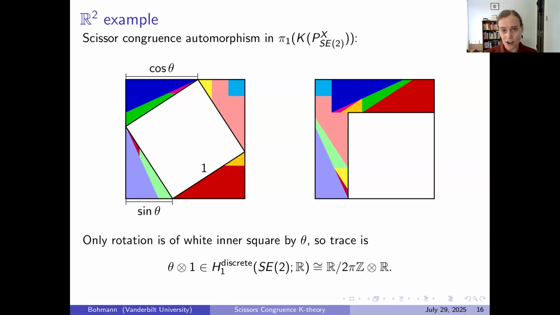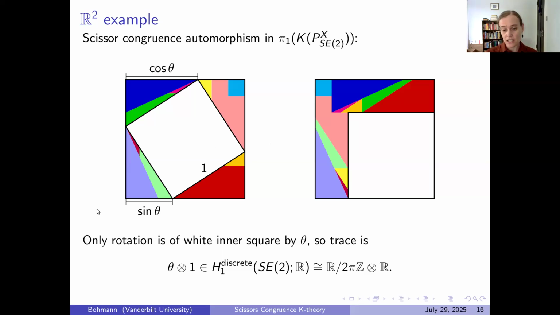But what's the upshot for our trace? Well, what this tells us is that in looking at the difference between these two different covers of the big square by all the small pieces, the only difference in terms of rotations is coming from the rotation of the inner white square.